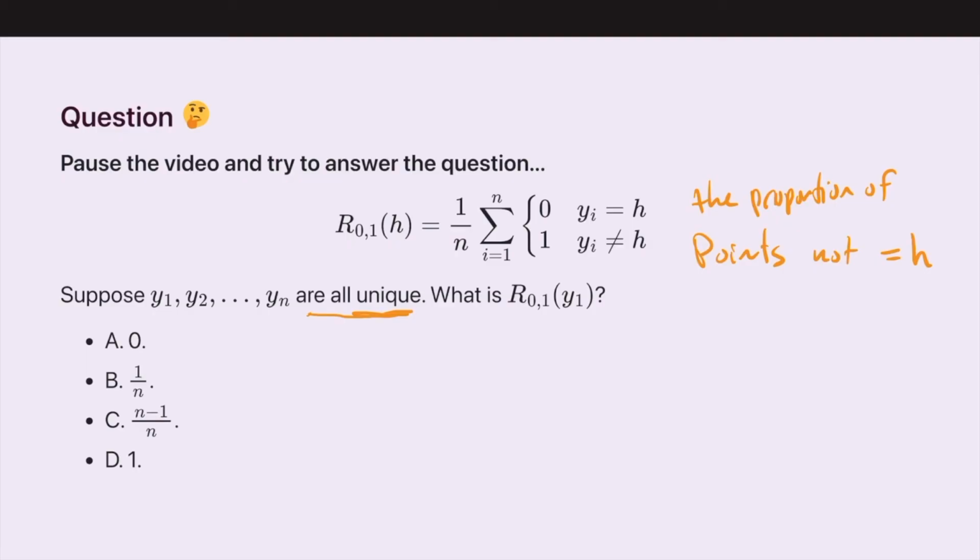And specifically for 0,1 loss, if we guess for y1, it's really the proportion of points that are not equal to y1.